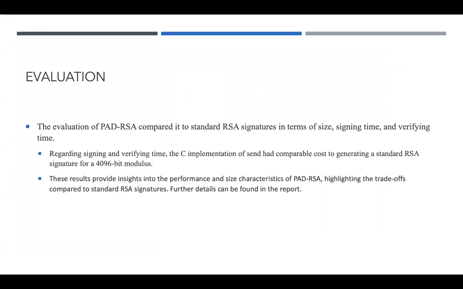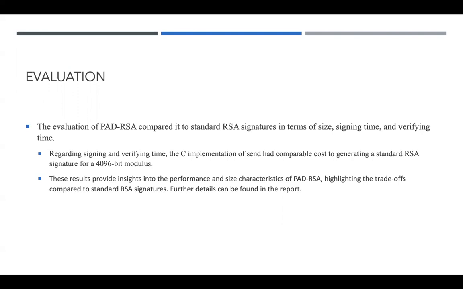So next, finally, let's talk about the evaluation of PAD RSA, which will be mainly focused on the cost of privacy. The evaluation of PAD RSA compared it to standard RSA signatures in terms of size, signing time, and verifying time. The evaluation part is not the main focus of today's presentation, so we only talk about signing and verifying time.